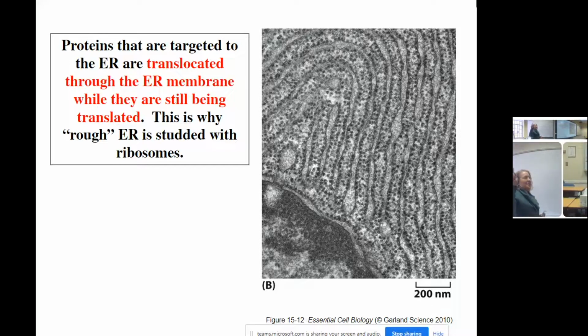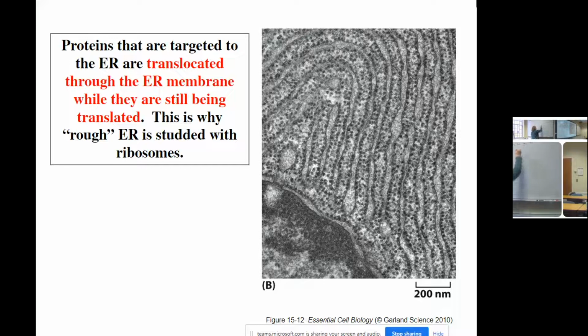But what Liz said about the vesicle, that's underlying something really important about the ER, which is this. Any protein that eventually needs to go to these locations would have to go to the ER first.